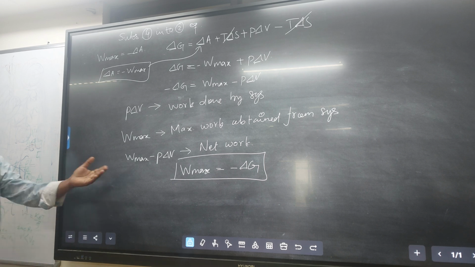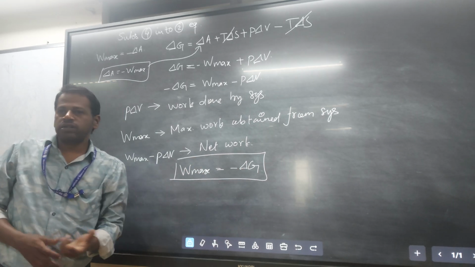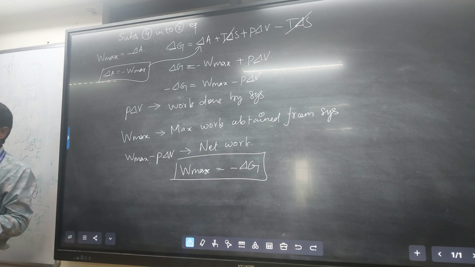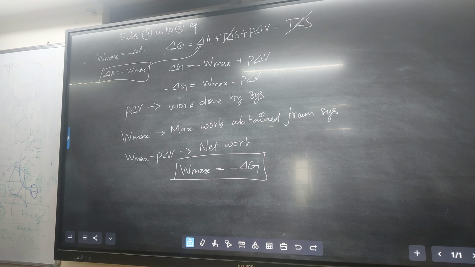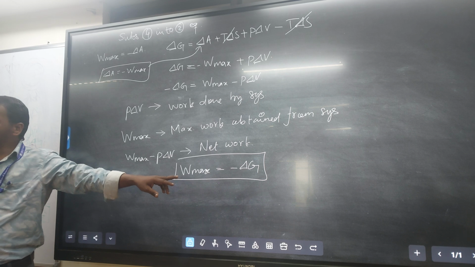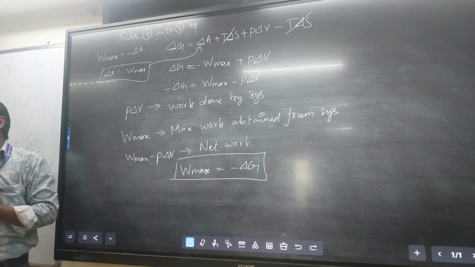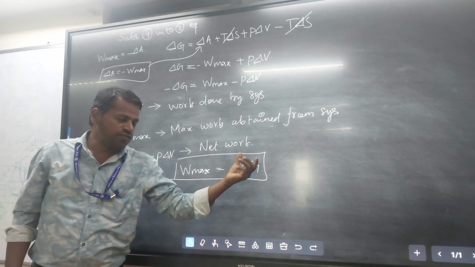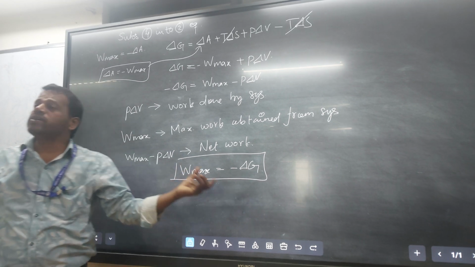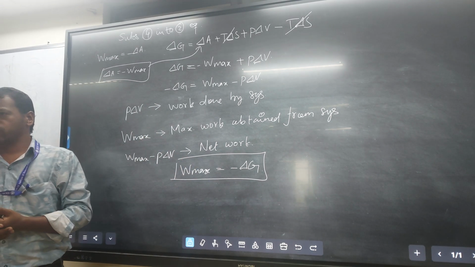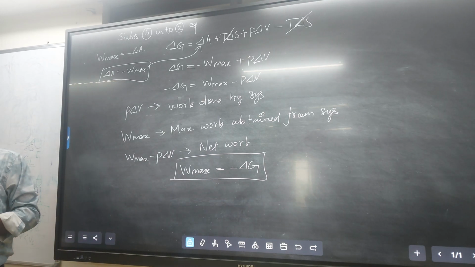So we have to write and explain the equation. The derivation in physical chemistry is not a very big issue, but how to explain that equation, how you understand that equation, that is the main thing. What information is in that equation, that we have to explain. Similarly, for the Helmholtz free energy, when the free energy of a system decreases, we get the maximum work.